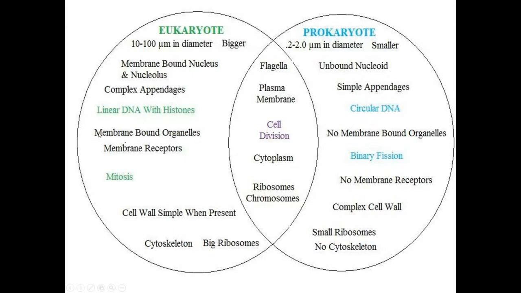So one of our goals today is to learn a little bit more about the membrane bound organelle. One particular organelle that probably everybody already knows is the nucleus. So we know that some cells have a nucleus and some don't. Okay, so a nucleus is an organelle that holds the DNA in a eukaryotic cell. Prokaryotic cells do not contain a nucleus.